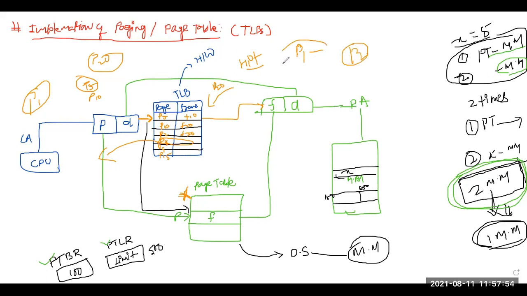I know these pages are not required because they are associated with program 1. If you keep performing replacements, there will be many context switches and the overhead will be more. So whenever you start a new program, I will clear this TLB completely.